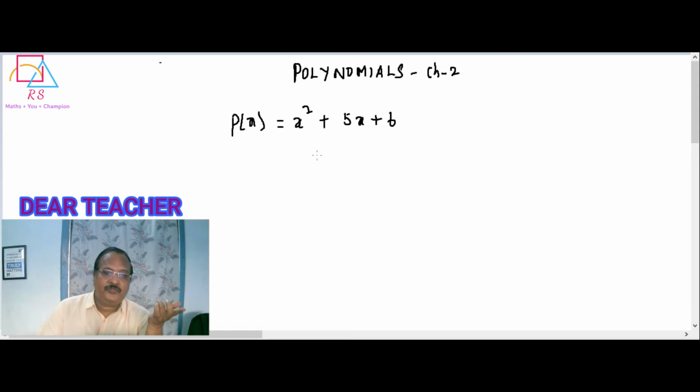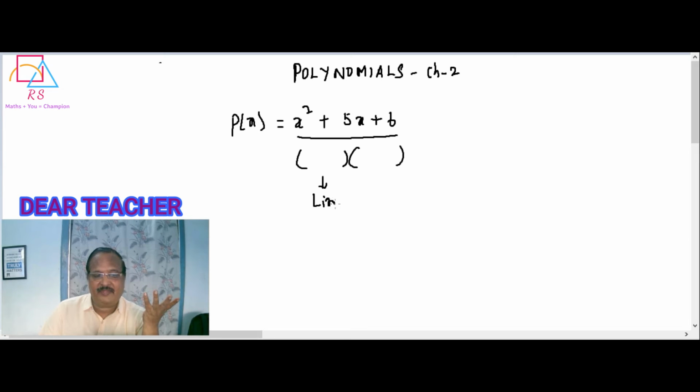Okay, so you have to express this expression, that means the polynomial, as a product of 2 linear factors. A linear factor means the degree is 1, a linear polynomial.